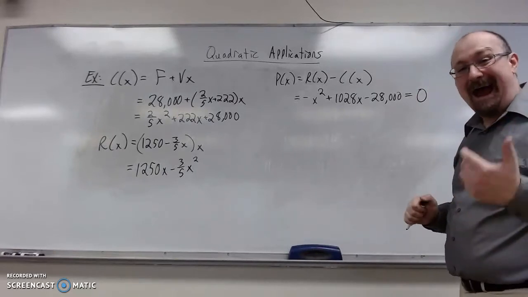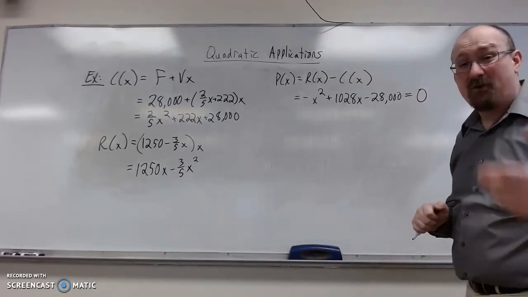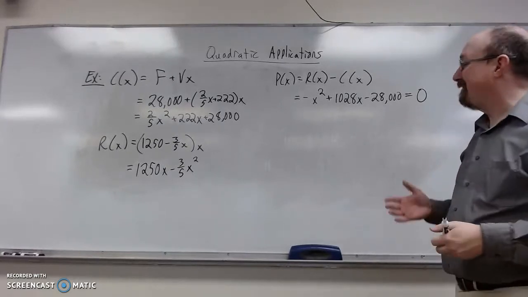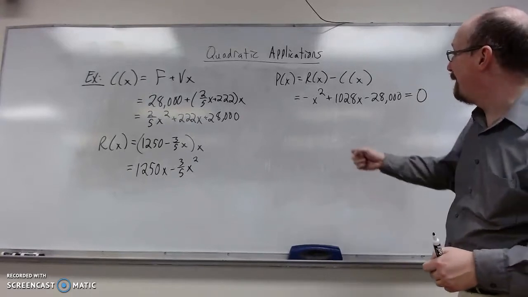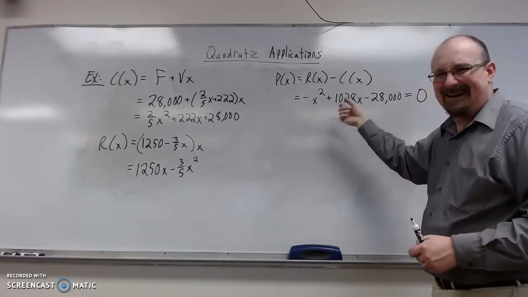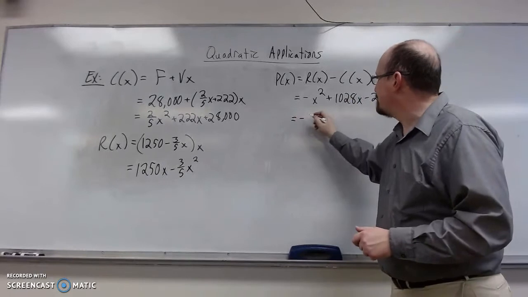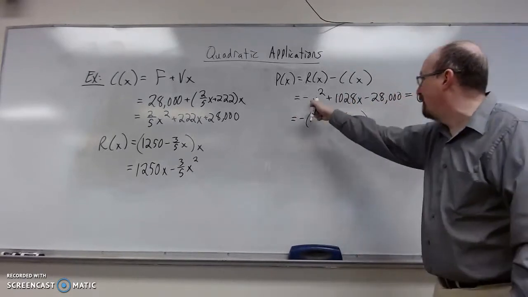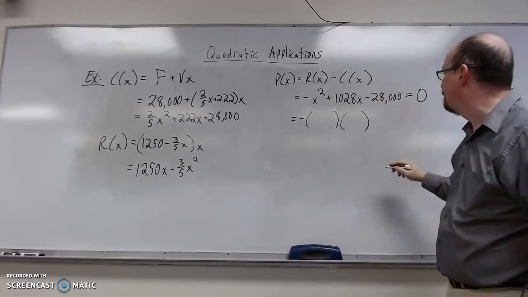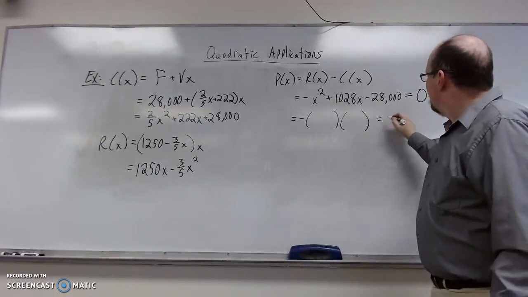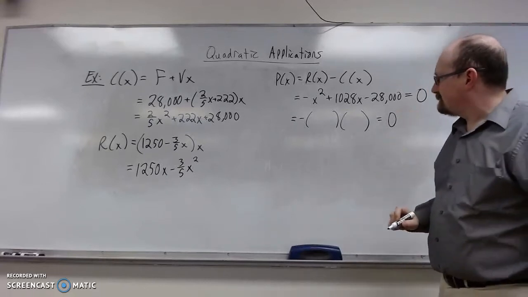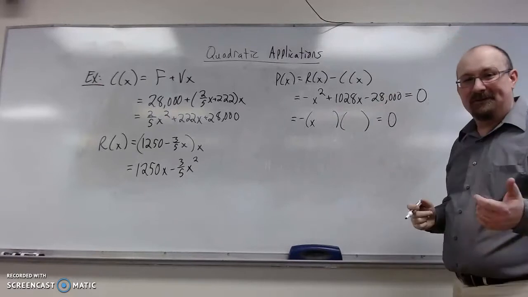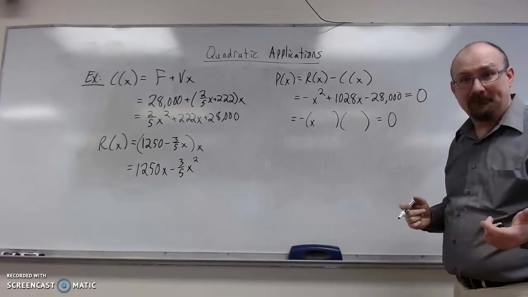Now, as it turns out, in this instance, once again, the quadratic formula works just fine. Feel free to go that route. But the factorization kind of jumps out at me because I can technically divide by -1. I'm actually just going to write a negative out front, like I factored it off. So this is now positive, negative, positive. And as it turns out, 28,000 is 28 times 1,000, right?